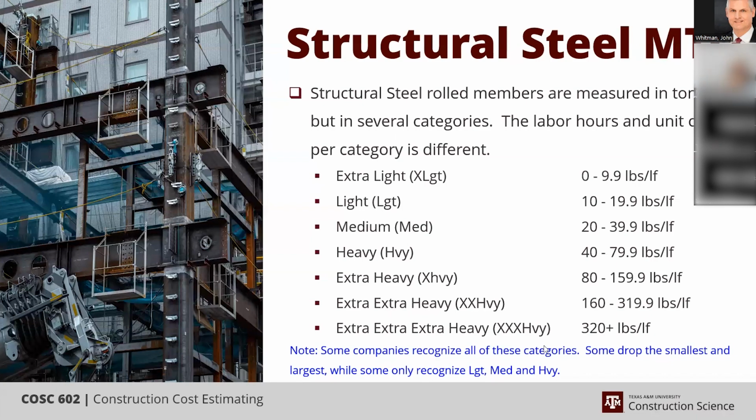Yeah, well, the difference between a girder and a rolled member is that for the extra heavy rolled or extruded member, like I'm saying, the effort to produce it per ton is less. However, a girder is fabricated.